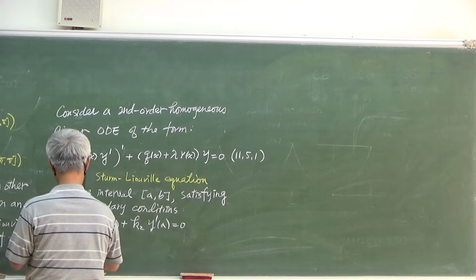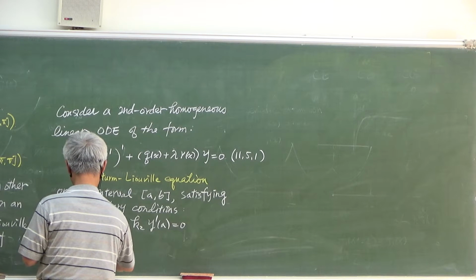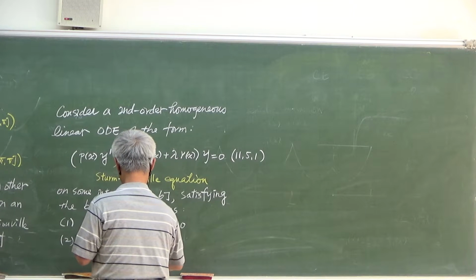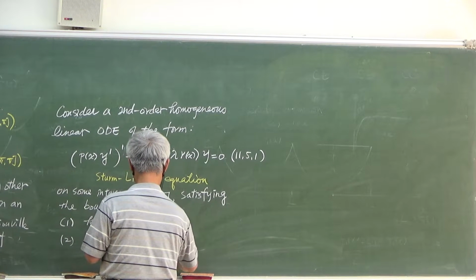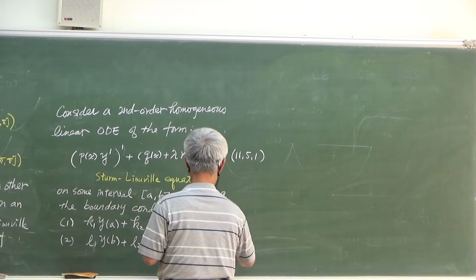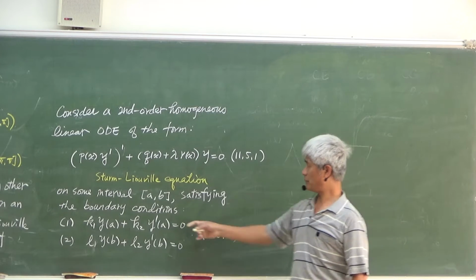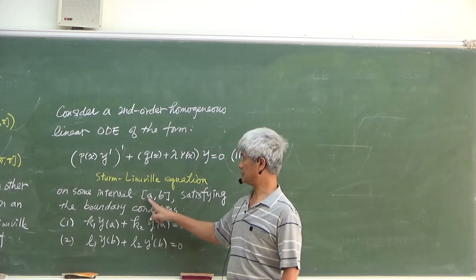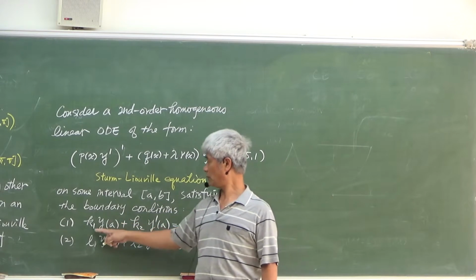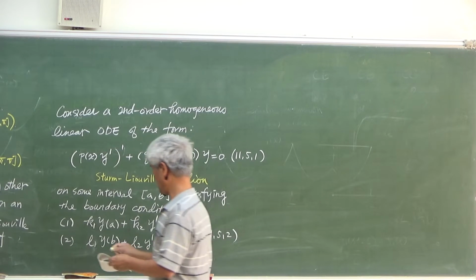The second one is l1 y(b) + l2 y'(b) = 0. Okay, so we have two boundary conditions. The first one governs the boundary condition at the endpoint a.